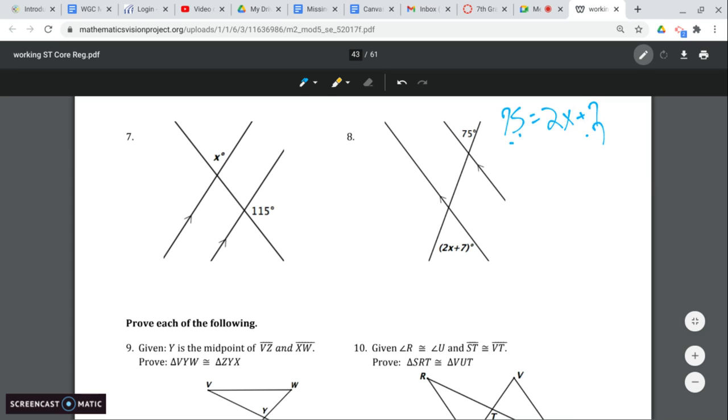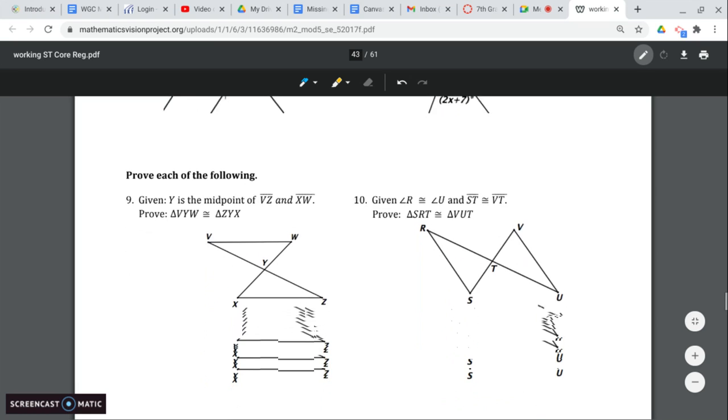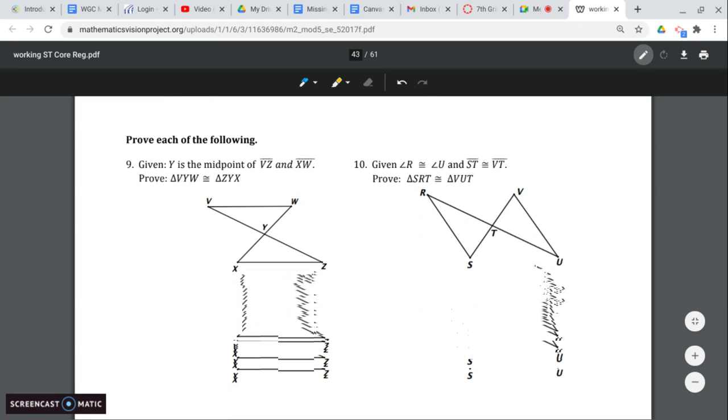So we subtract 7 from both sides. 75 minus 7 is going to give us 68 equals 2x, divide by 2. So x equals 34. And that's our solution.